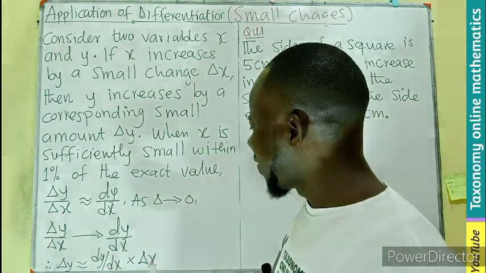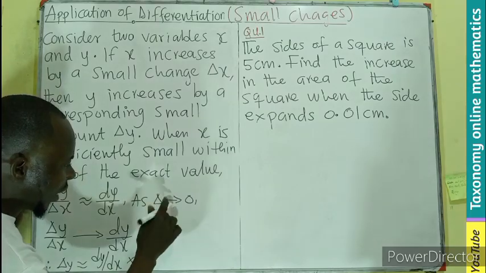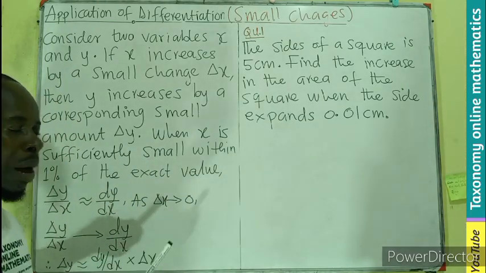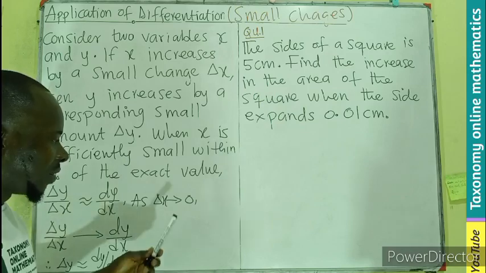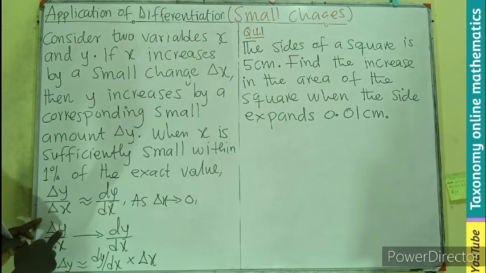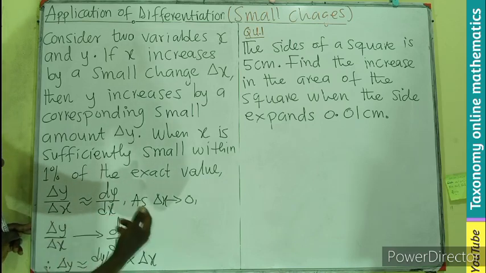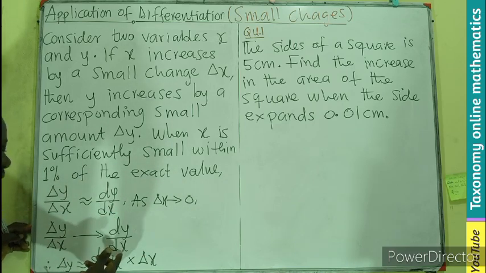All right. So as the small change of x, as delta x is approaching 0, we can say that delta y over delta x will also approach dy dx.